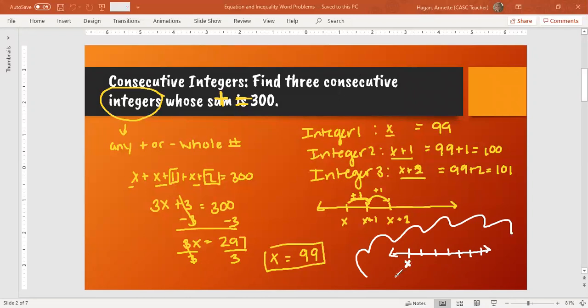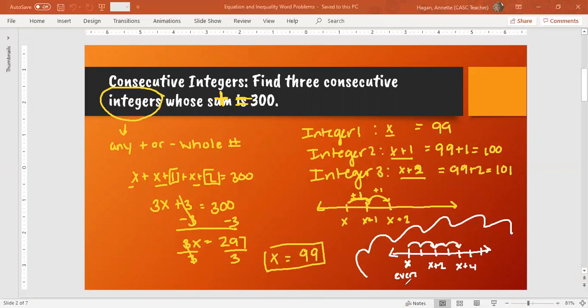This is my first even number, and we know even numbers increase by 2. So my second even integer would be x plus 2. So it's 2 more, okay? My third even number would be x plus 4, because it's 1, 2, 3, 4 more, and so forth.